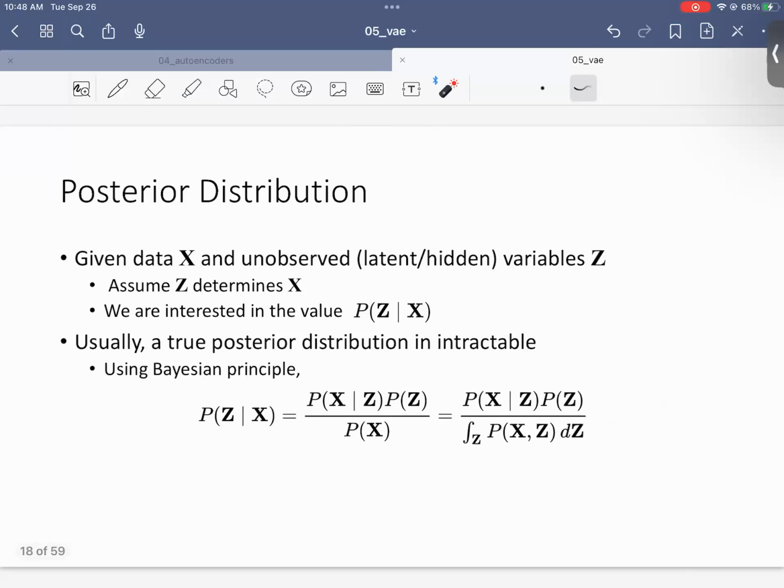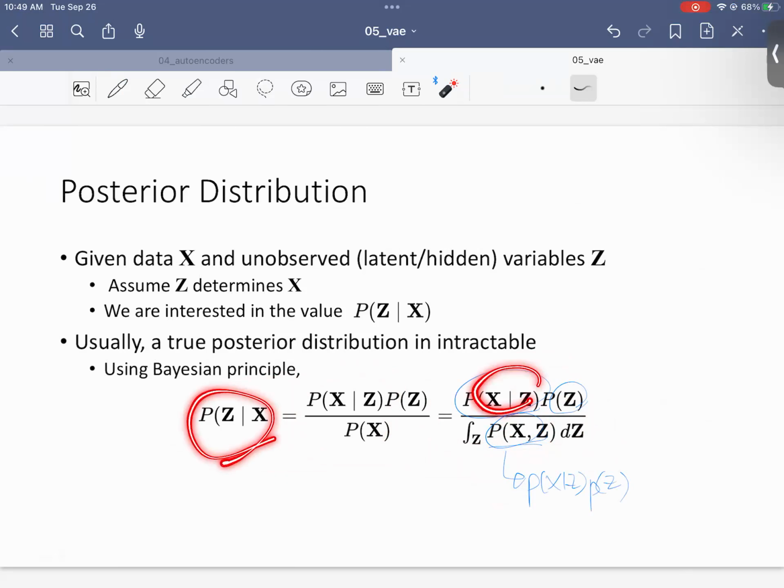Typically what we would like to do is this, using the Bayesian principle. As I said, it's either this or this. And I was just writing this down as P(X given Z) times P(Z), instead of the joint distribution, because we were assuming that we do know P(Z) and P(X given Z). So if you convert this term to this term, then we now have everything we need to infer this.